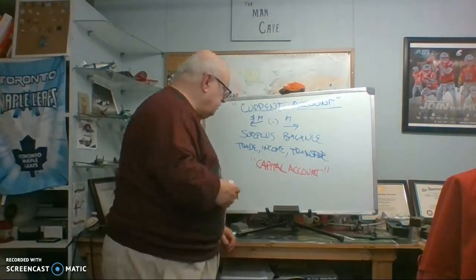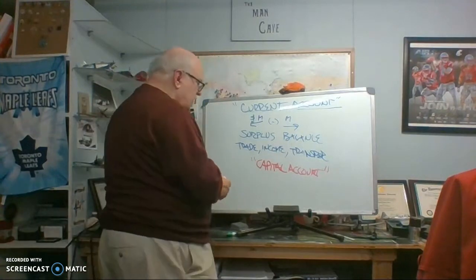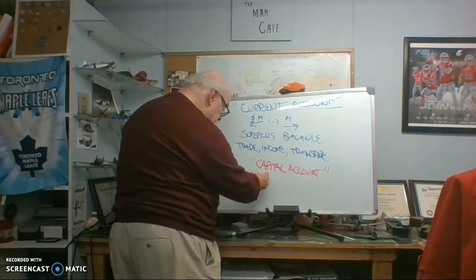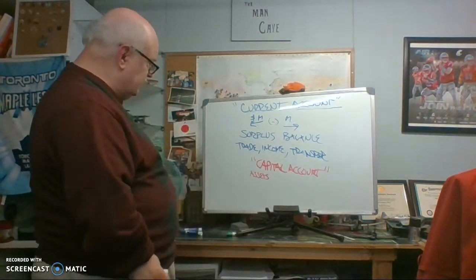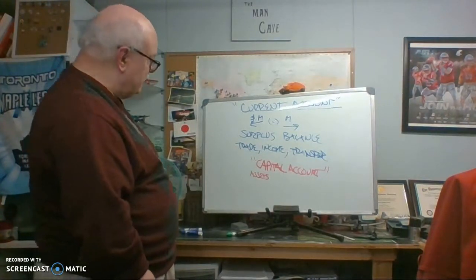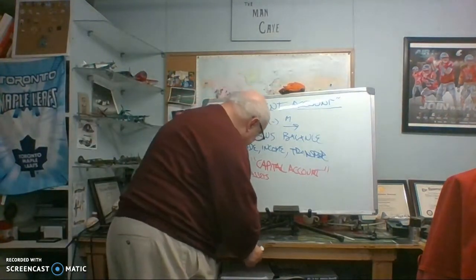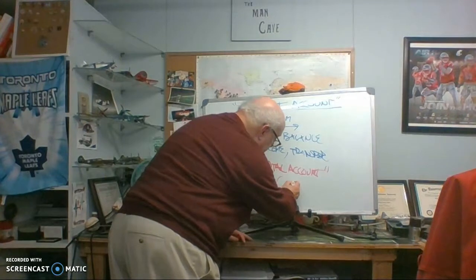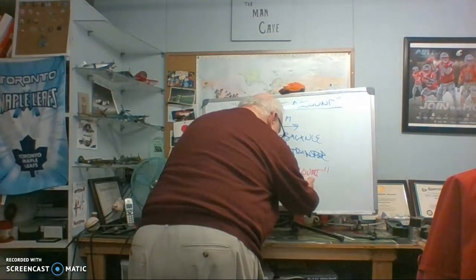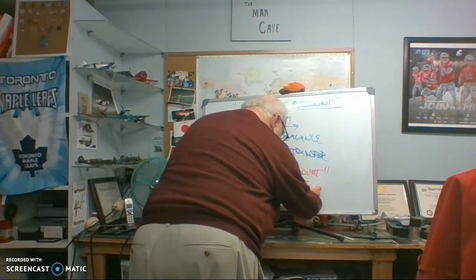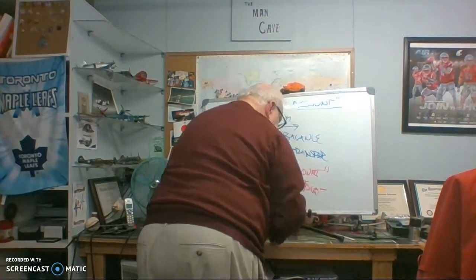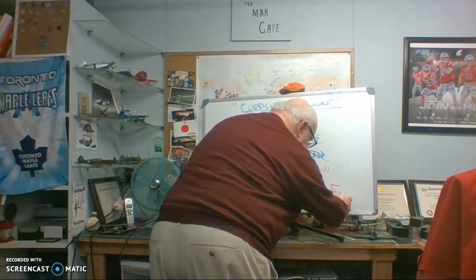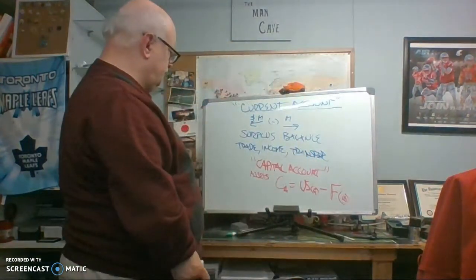Basically the capital account is assets, purchases of assets, and other things like that. The capital account equals the U.S. assets purchased by foreigners minus the foreign assets purchased by the U.S. Okay? Get that?